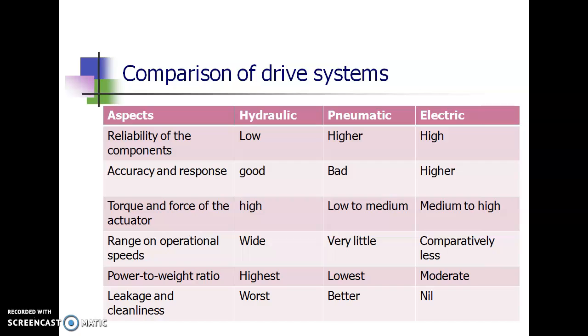So if you want more power, you have to add more coil or more iron content. That means the weight of the drive is going to increase. If you want to increase the torque or power, then obviously you have to increase the size of the motor, which we can call the weight of the motor. So the electrical drive systems have a moderate power to weight ratio.